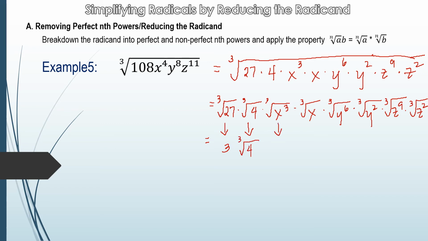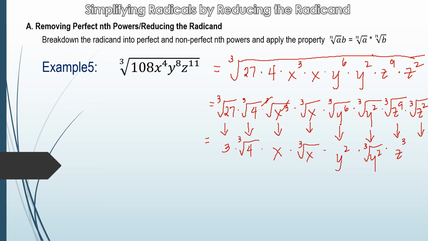The cube root of x cubed is simply x. Bring down the cube root of x times, so the cube root of y to the 6th power is y squared times, bring down the cube root of y squared times the cube root of z raised to the 9th power is z raised to the 3rd power.